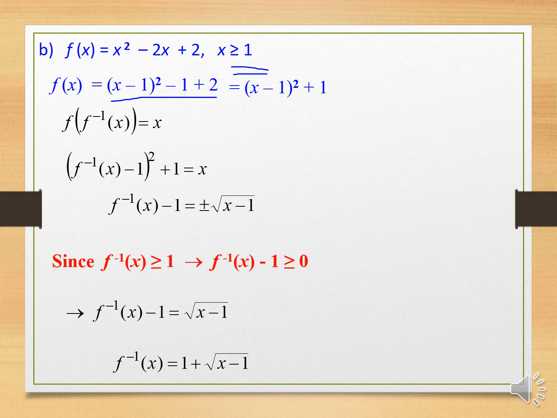Why do we take the positive values only? Since f inverse(x) is more than or equal to 1, therefore f inverse(x) minus 1 is more than or equal to 0. That's why we take the positive values only.